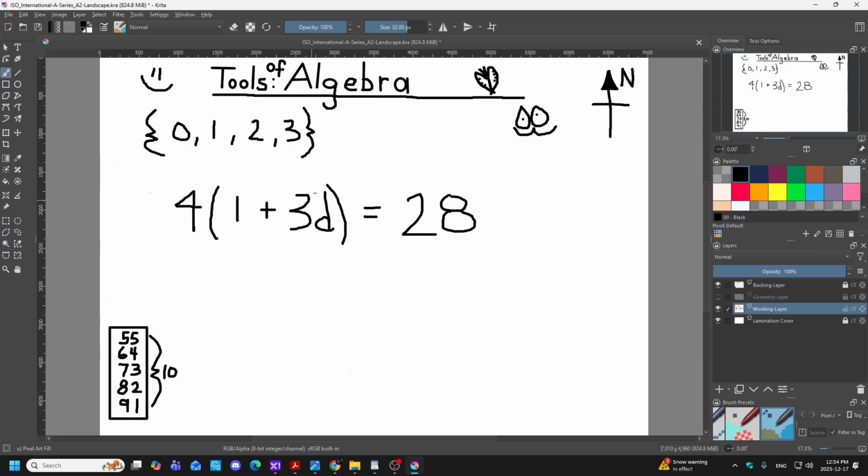I get 0 here. 0 plus 1 is 1. 4 times 1 is 4. 4 does not equal 28, so that's false. Next, 1. 3 times 1 is 3. Plus 1 is 4. 4 times 4 is 16. 16 is not equal to 28.